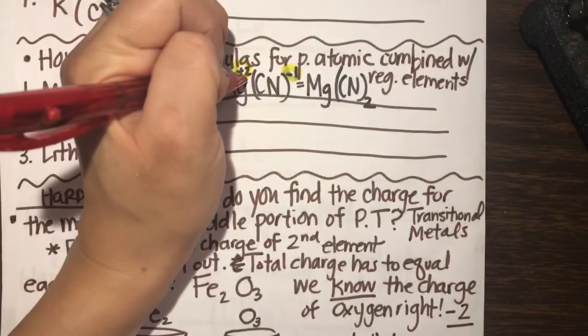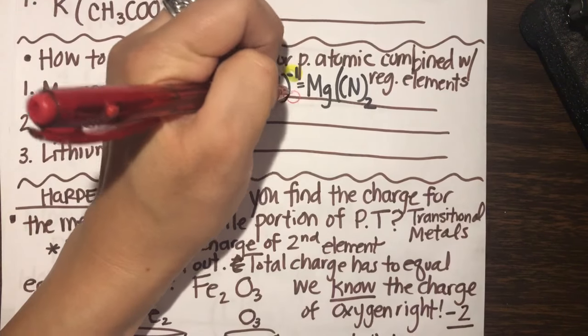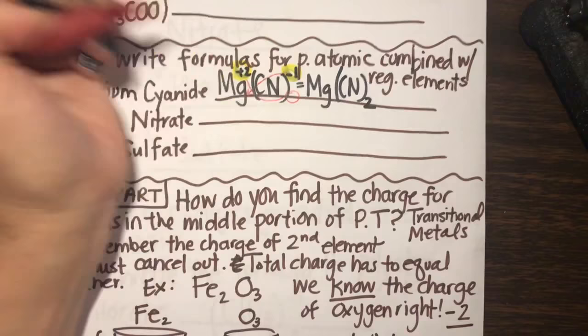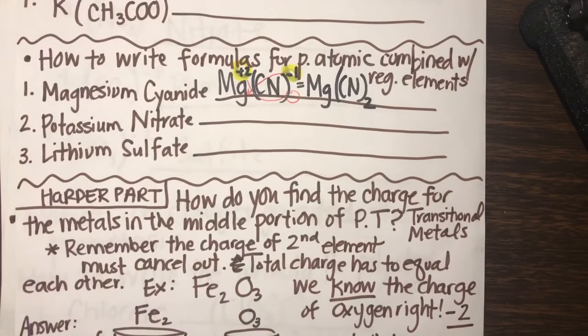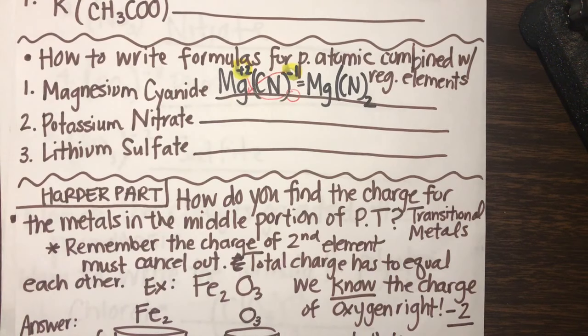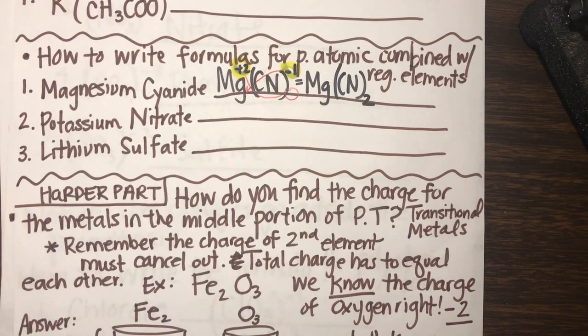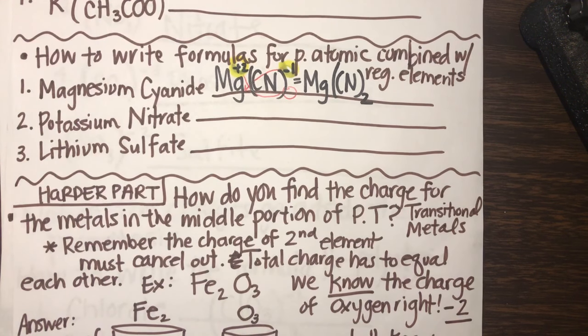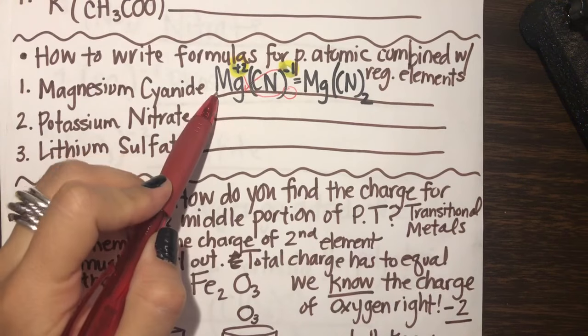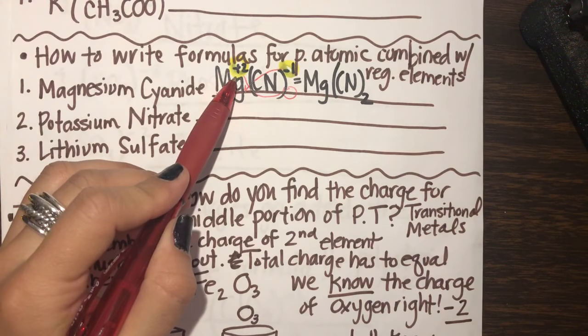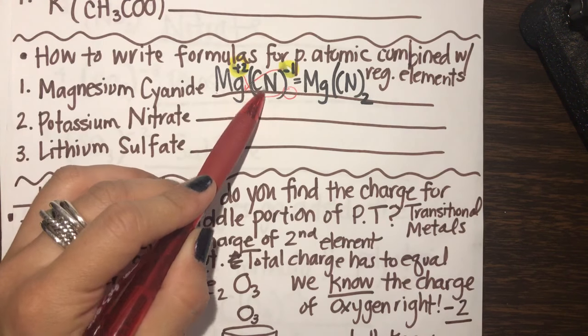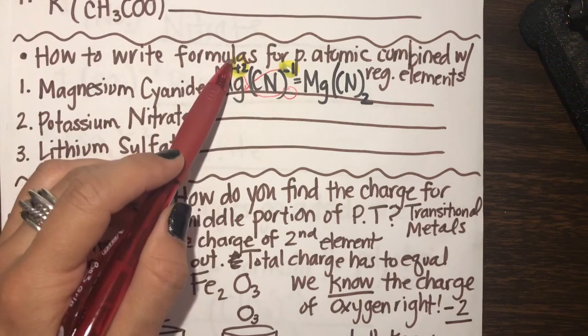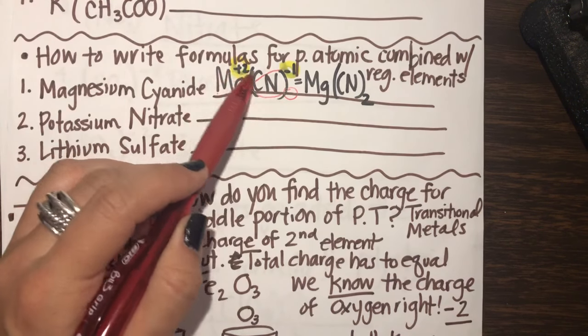So the 2 goes here, and the 1's given to the magnesium. I'm going to zoom in so you can see it. You don't have to write the 1, because just by writing Mg tells you there's 1 magnesium. So I put the charge for magnesium +2, put the charge for cyanide -1, and then I drop them down. I butterflied.